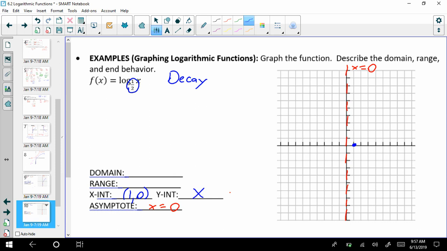So I'm going to draw in, make sure when you draw in the graph, we are decaying. And now let's answer. I know my range. My domain, I still get close and close to 0, but I keep going to the right forever.